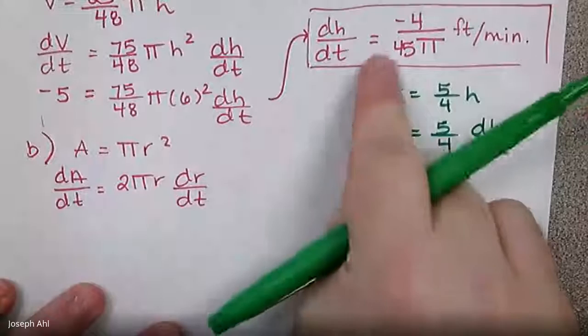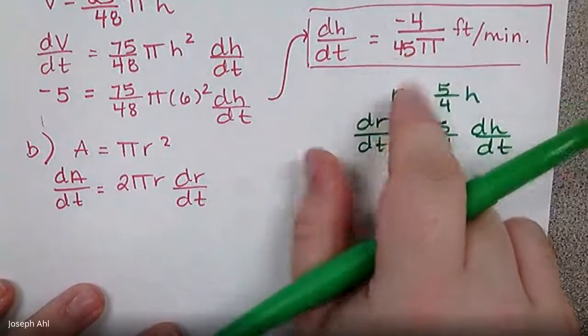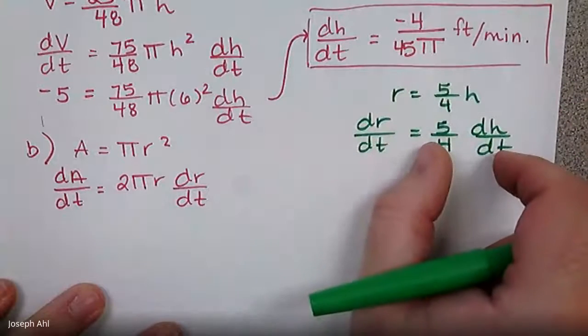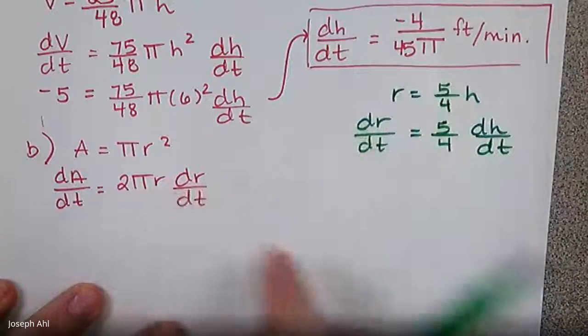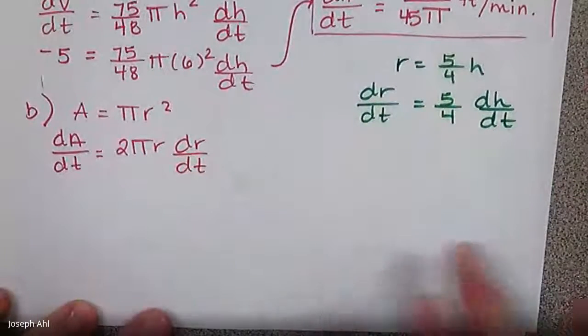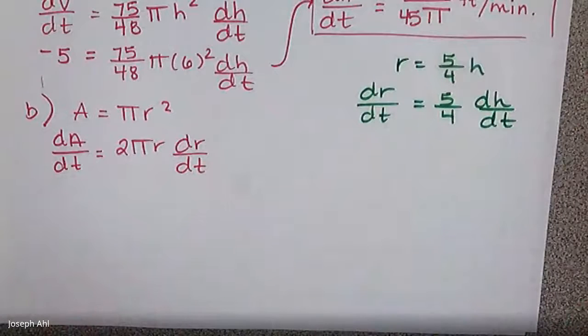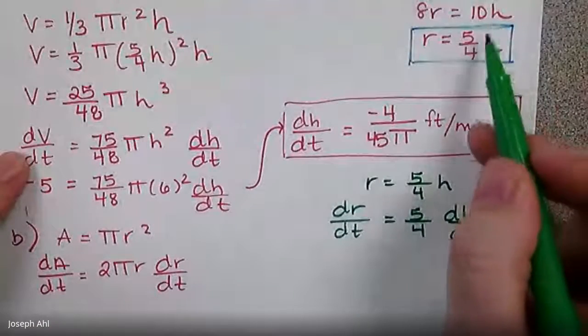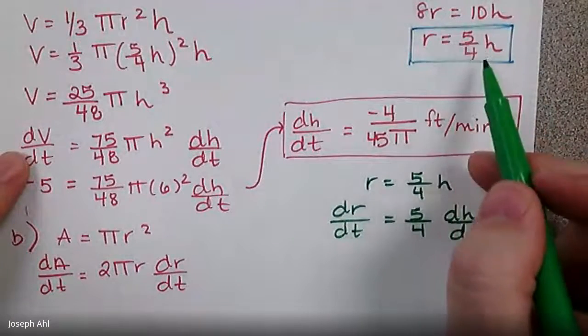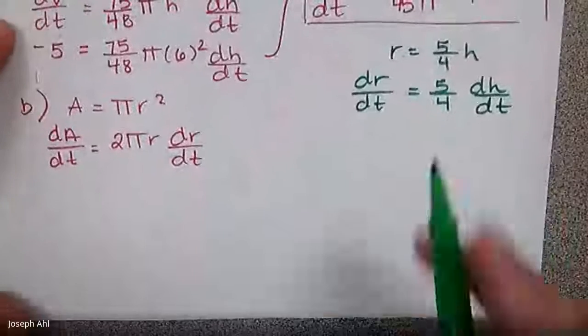Well, that's pretty great because I know what dH/dt is at this moment. So if I replace dr/dt with 5/4 times dH/dt, we can then pretty easily sub in here. Oh, and I guess we have to know the radius at that given moment as well, right? So when the height is 6, if you plug that in for height here, you're going to get the radius is 30 over 4, which reduces to 15 halves.